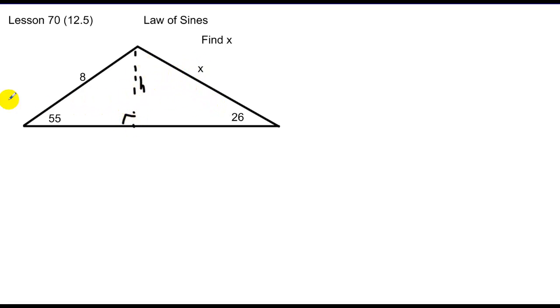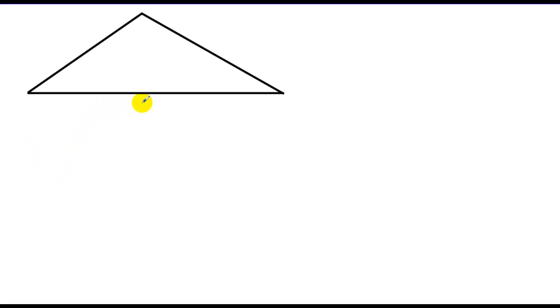Not a big deal. But let's talk about a proof that would allow me to get everything done in one shot. Let's say this is A, B, and C. And always when we write triangles, we take our sides and put them in lowercase letters directly across from the uppercase letter angle.